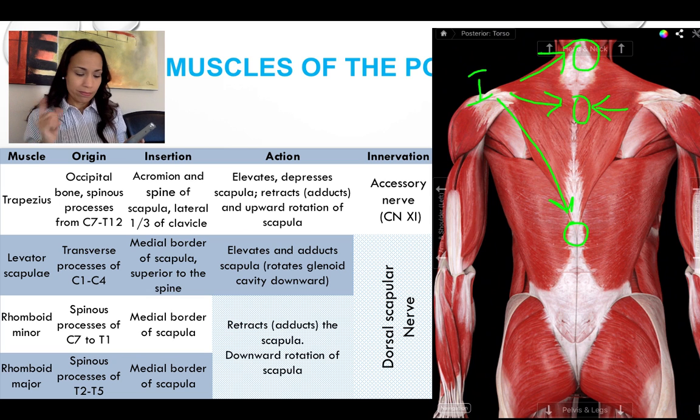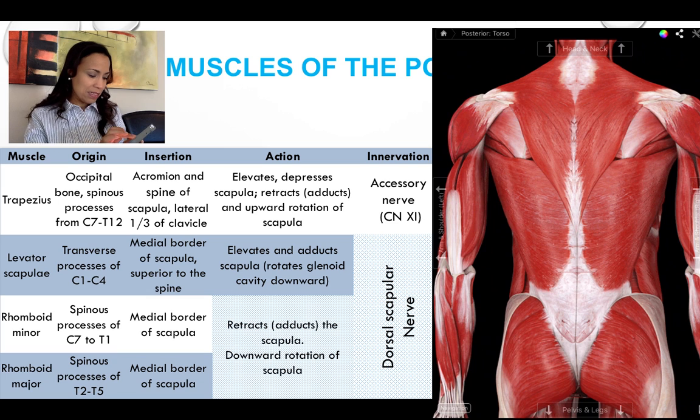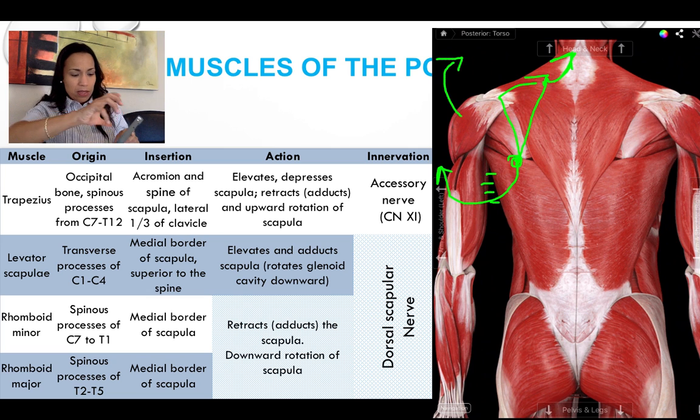Well, this is a synergist movement, while the deltoid is abducting the arm, and the serratus anterior in here is swinging the angle of the scapula laterally, right? The trapezius is also pulling this superior angle of the scapula up. See, so you have the continuation there of the movement.